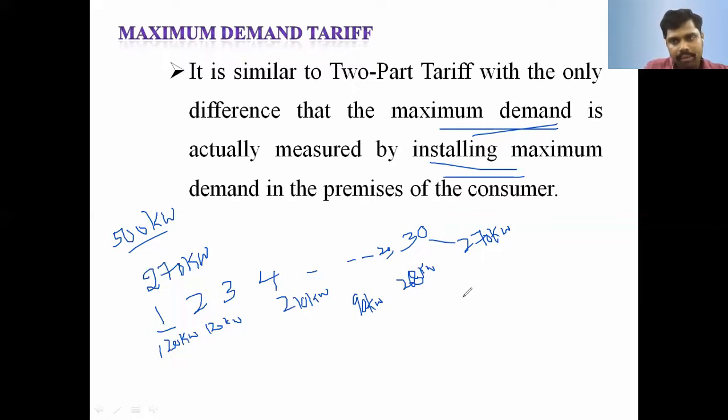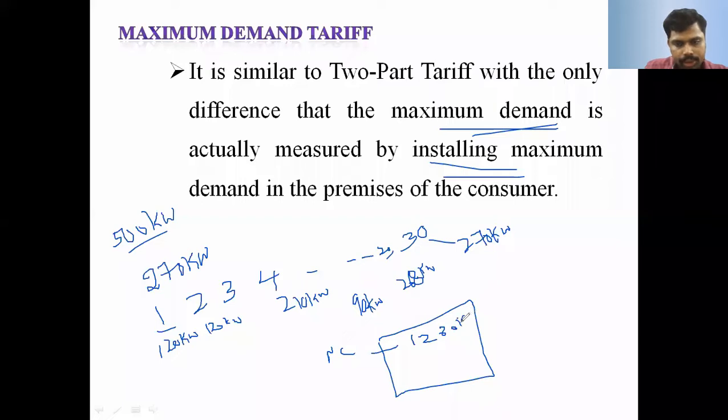At present, we all have digital meters. Previously, the energy meter was an analog meter, but at present it is a digital meter. In the digital meter, it clearly indicates the number of units consumed. Suppose 1280 units consumed, that is kWh. This represents the number of units utilized, and the demand is represented in terms of kilowatt.